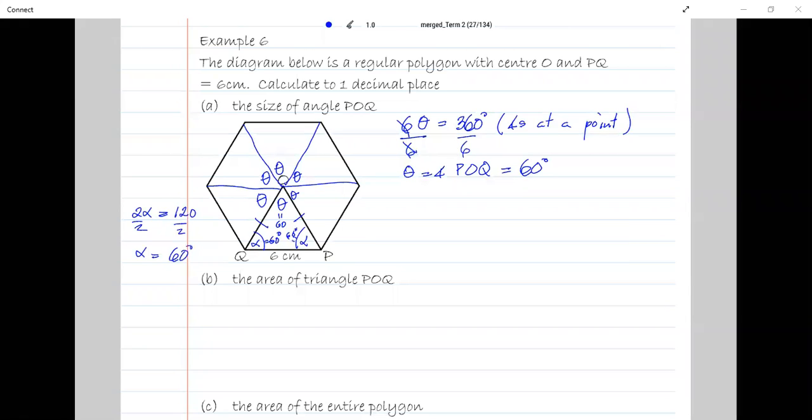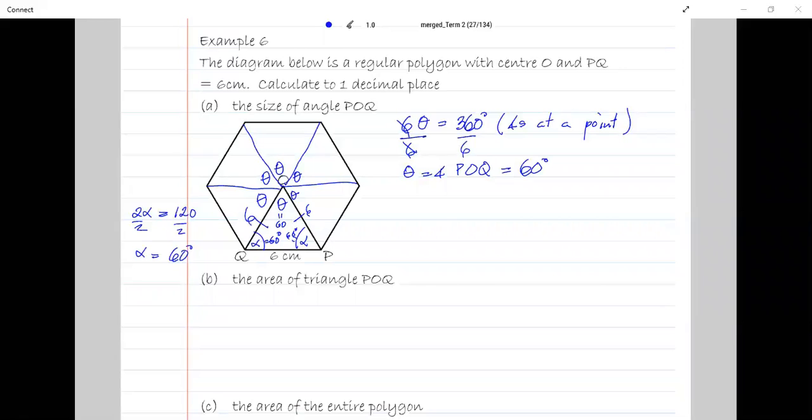Therefore, you see each of the triangles, in this instance, the triangles are not just isosceles. They would be equilateral. So it means that if this is 6, this is also 6, and this is also 6.